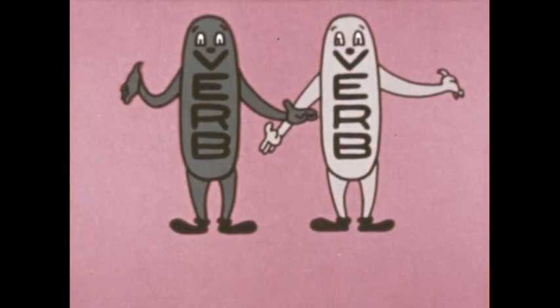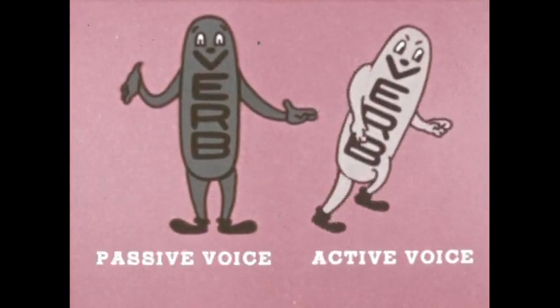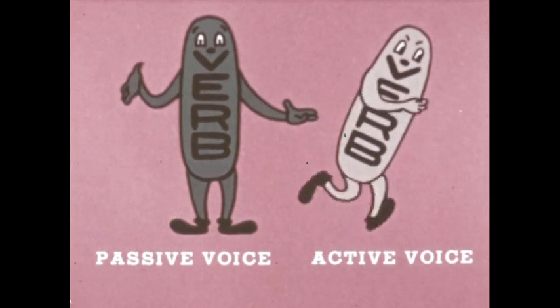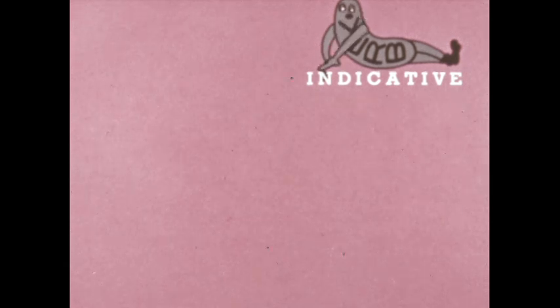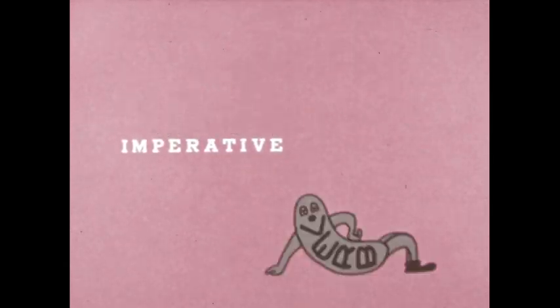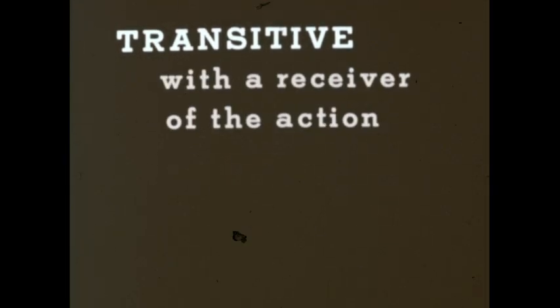Remember that verbs can differ in voice, active and passive. You can use verbs in their various moods, according to your wishes. We say that an action verb is used transitively if the sentence includes a receiver of the action.